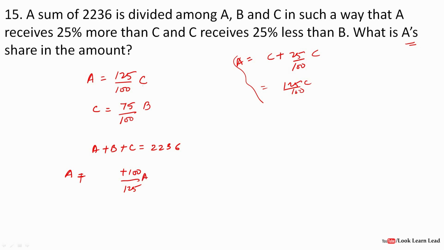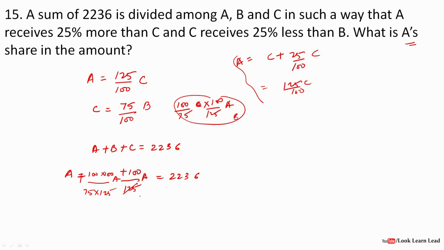For B, what can we write? B would be equal to 100 by 75 C, and C is equal to 100 by 125 A. So for B we can write 100 into 100 upon 75 into 125 A. It is equal to 2236.